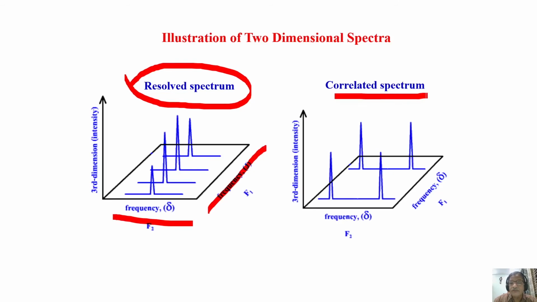This is a correlated spectrum where the frequency of one nucleus is correlated to the frequency of the other nuclei here, or the frequency of the same nuclei between two different nuclear spins can be correlated. It could be the chemical shift of one nuclei here, the chemical shift of the other coupled nuclei here. That's also possible. So I gave you two examples.